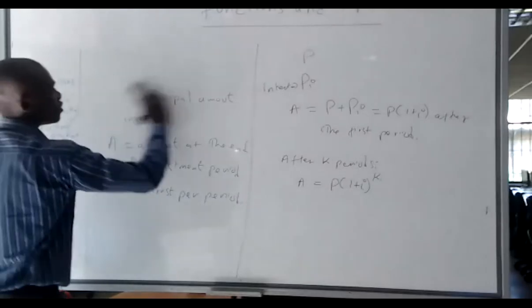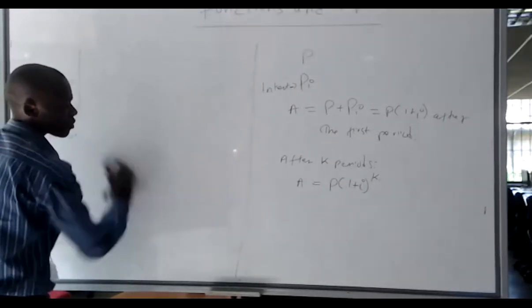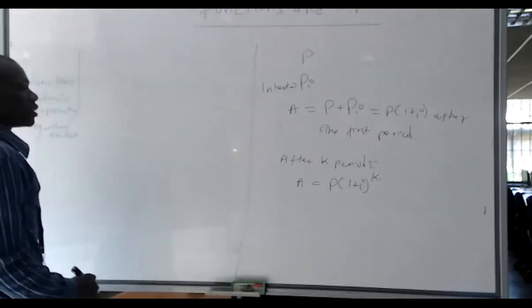Now, suppose that you divide the interest period into n periods. Let's say you're doing it in years.